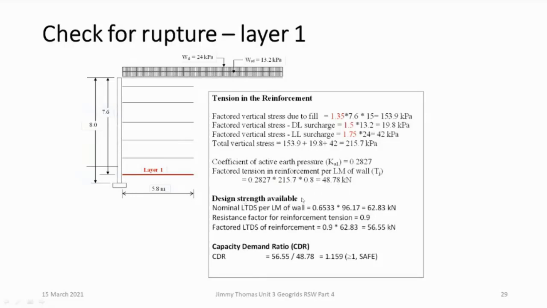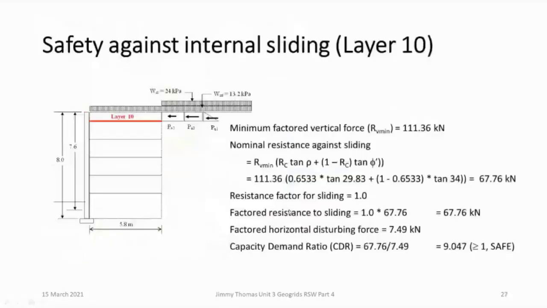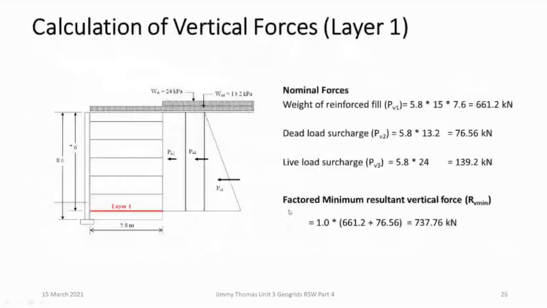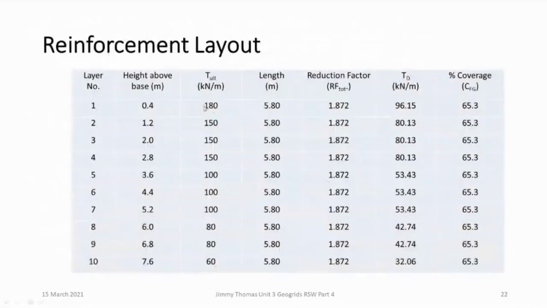Now the design strength available. At that particular level we have this geogrid, 180 kilonewton per meter, and its long-term design strength is 96.15.